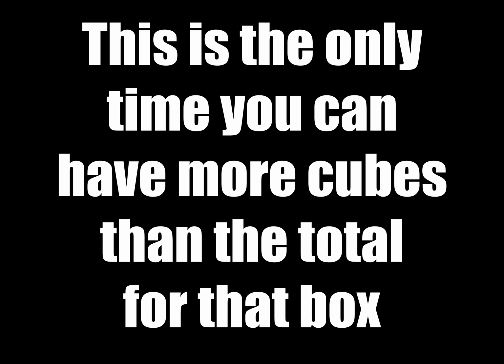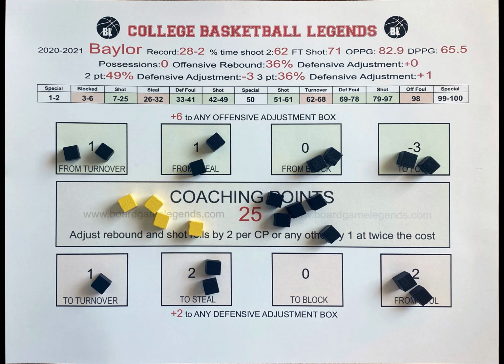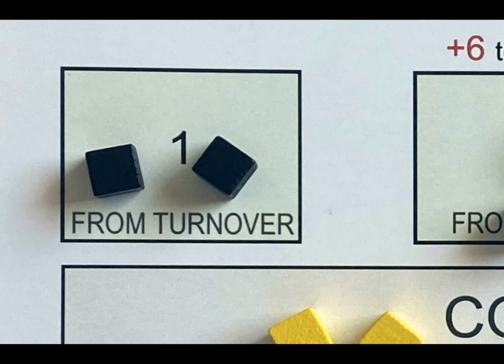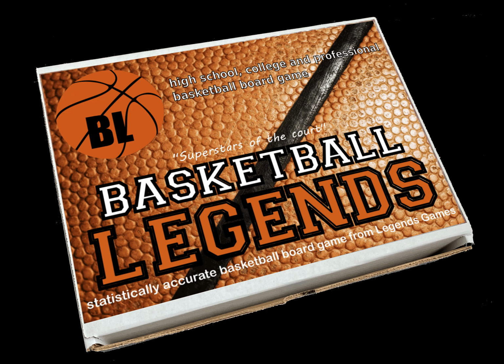After this initial setup, you can never add more than what's in this number to those adjustment boxes. For example, the turnover on offense for Baylor, they have a 1 there. After this initial setup, there can never be more than 1 in there. There's already a cube there, so you can't add any more cubes to that box.